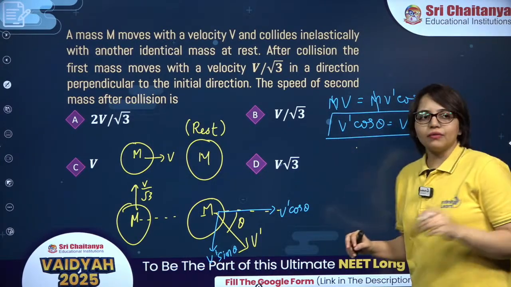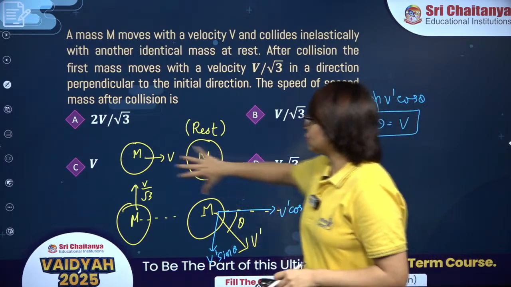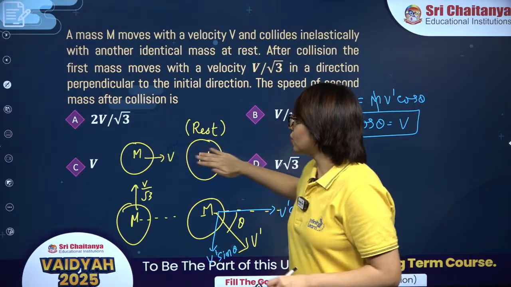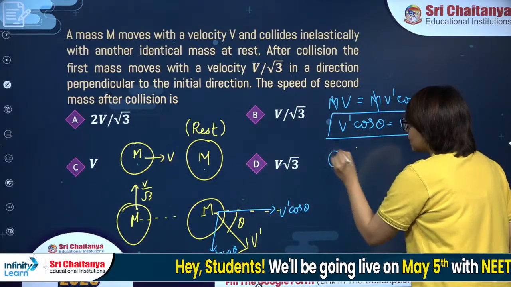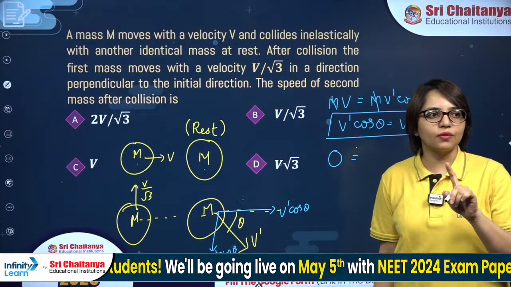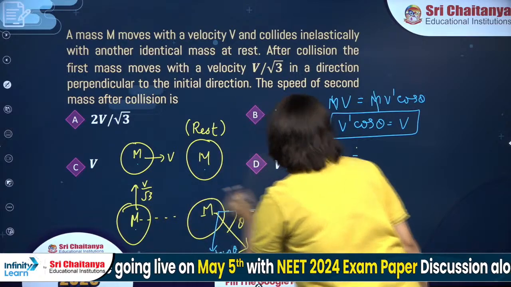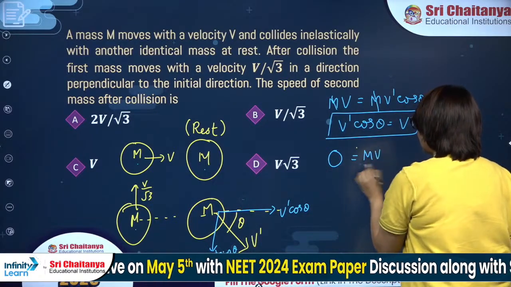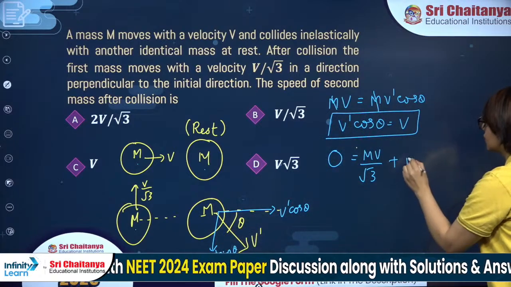Now we will apply the conservation of linear momentum along y-axis. So there is no initial velocity along y-axis of any of this mass. So initial momentum along y-axis is 0 and it should be equal to the final momentum along y-axis over here. So it has m times v by root 3 and this will be m times minus v dash sin theta.